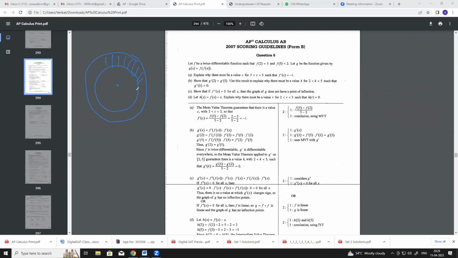So if I need to find this volume, let this function be f of x and let this function be g of x.